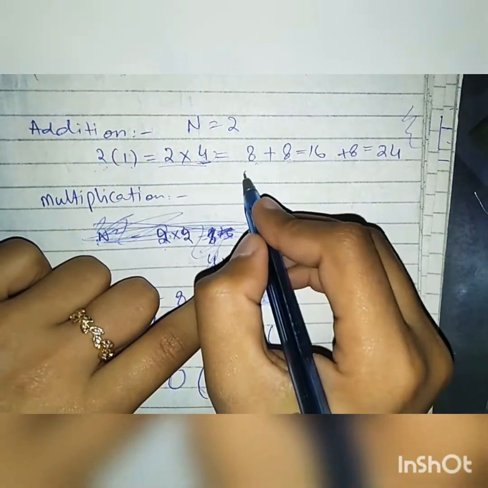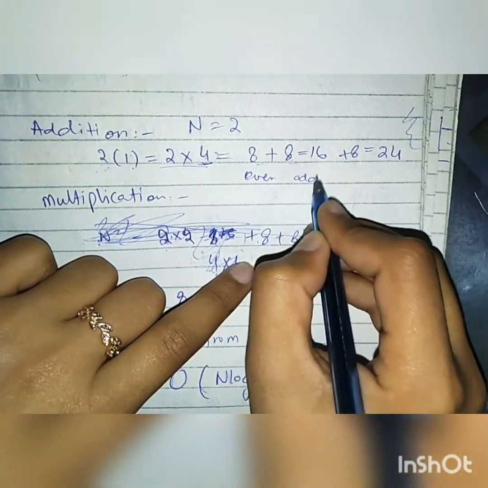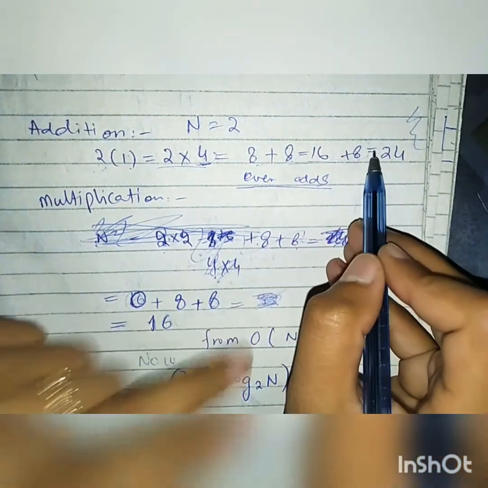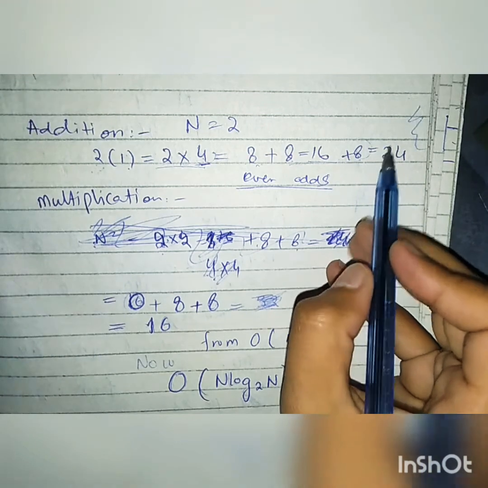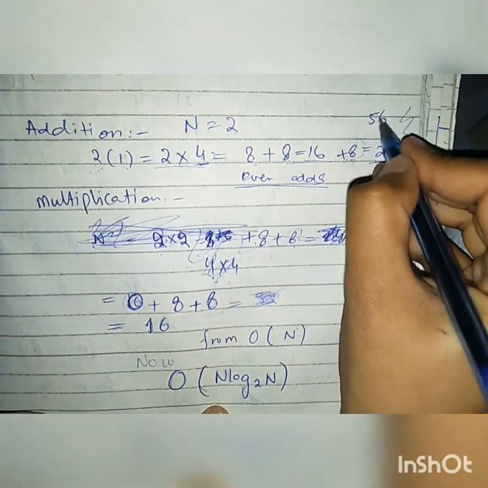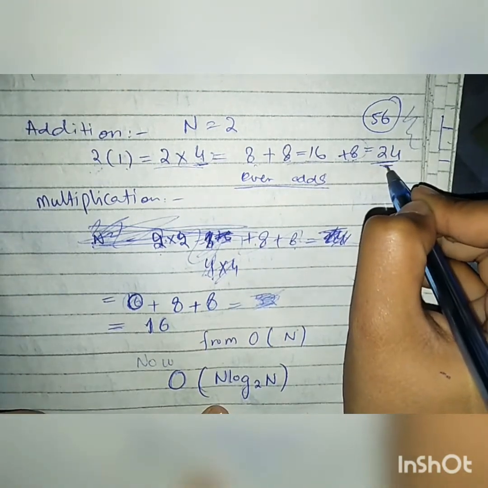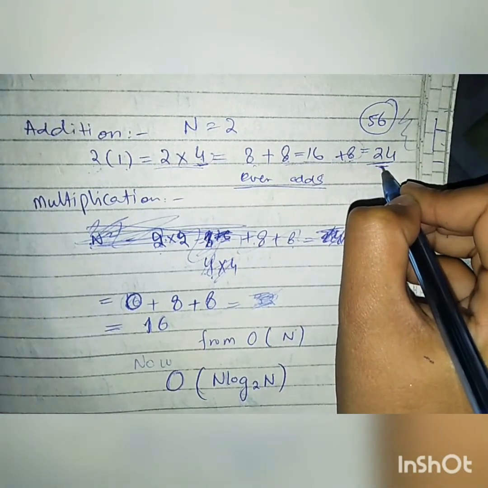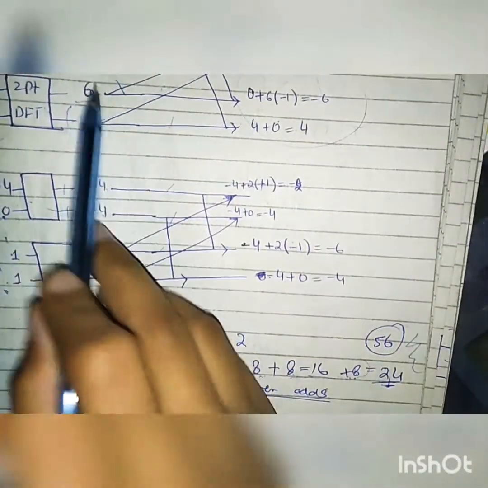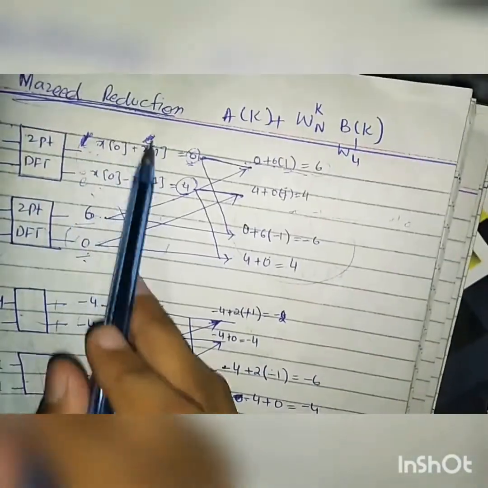Because we are doing it for evens and then odds. Okay, so this is 16, and then the last multiplication that we have included previously, that is plus 8. So you can see that we had started from 56 and now we are at 24. We have reduced our additions more and more, and in the multiplication section you can see that there is no multiplication, this is just addition.